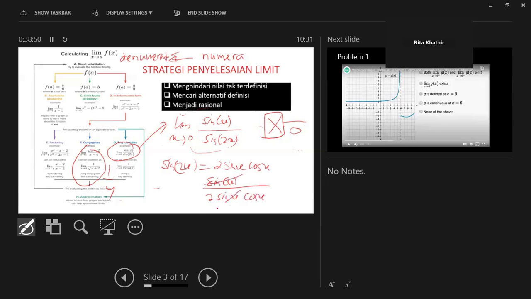You can cancel this. We have 1 over 2 cosine x. Now, if you put cos 0 is 1, then you will have 1 over 2.